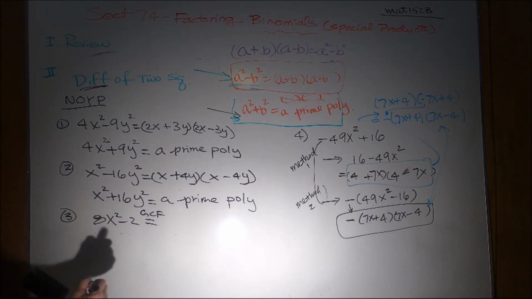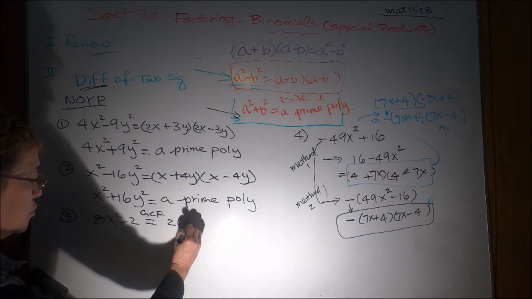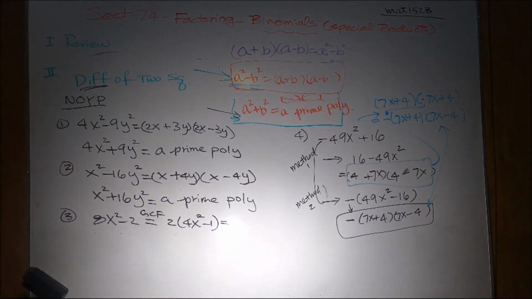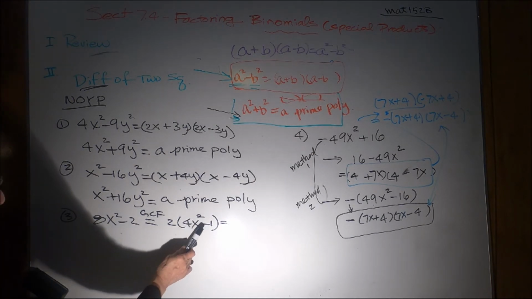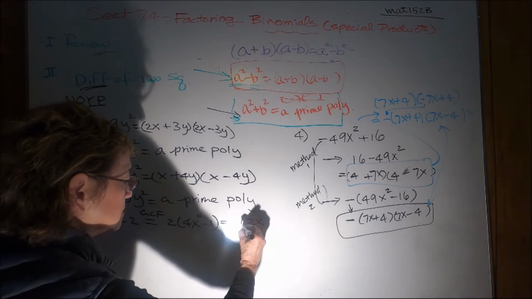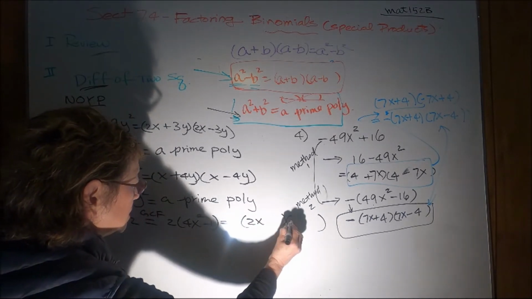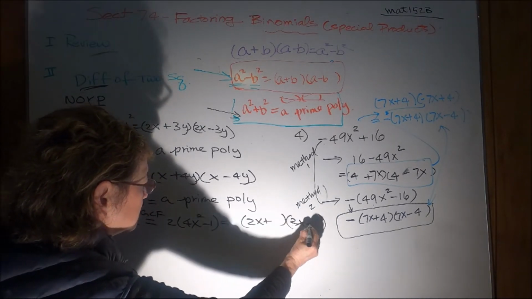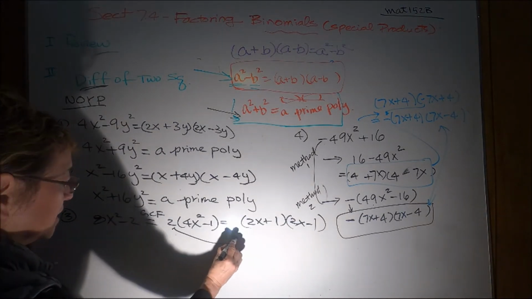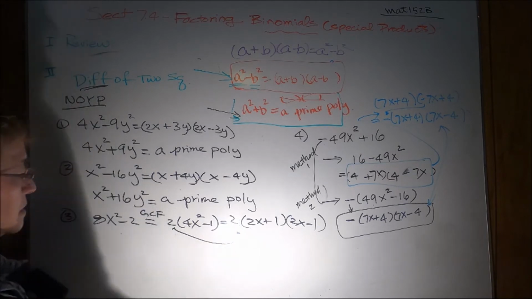If you take a GCF out, which is 2, you will have what? 4x squared minus 1. Can you break down further? Yes. So that will be 2x, right? And 2x plus and minus of what? 1. Don't forget, you need to carry down this 2.